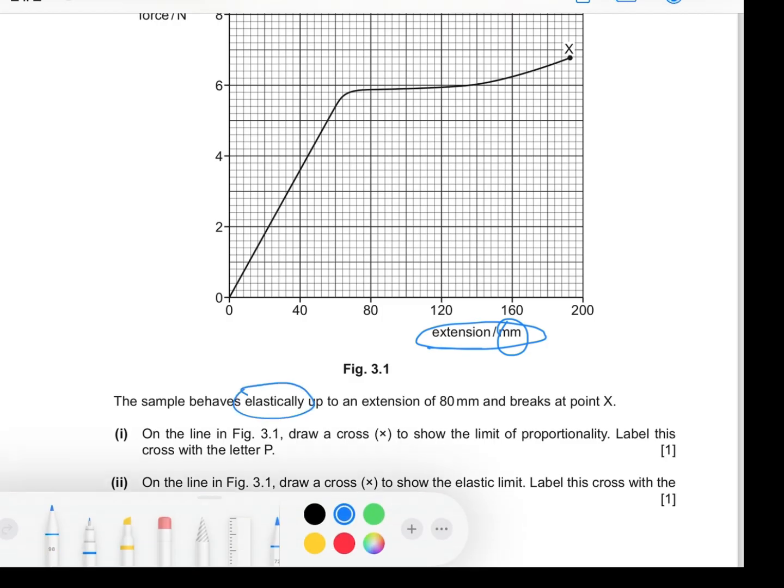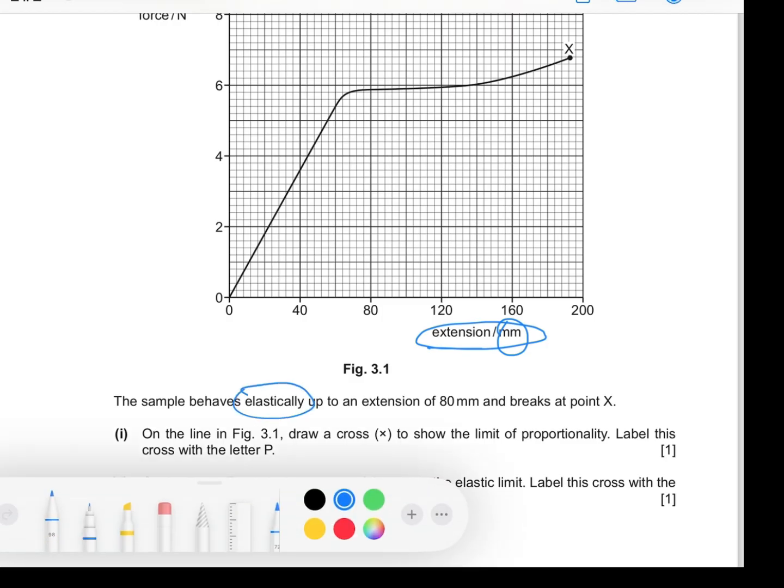Okay, what does that mean, elastically? Under elastic extension, an object will extend such that when the force is removed from the object, it will return to the original length, whereas when the object exceeds its elastic limit and proceeds into the region of plastic extension or plastic deformation, when you remove the force it will no longer go back to its original length.